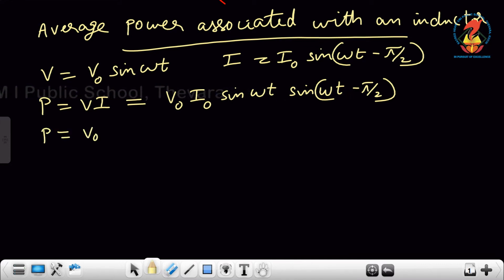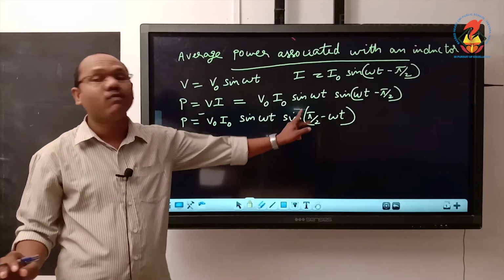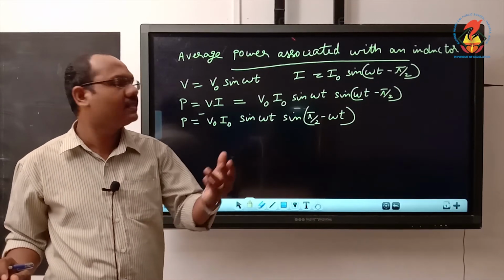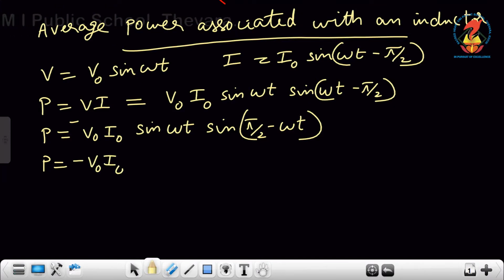So P is equal to V0 I0 sine omega t, and instead of sine omega t minus pi by 2, I take a negative sign outside and write this as sine pi by 2 minus omega t. And what is sine pi by 2 minus omega t? Cos omega t. Sine 90 minus theta is cos theta. So here I will write P is equal to minus V0 I0 sine omega t cos omega t.